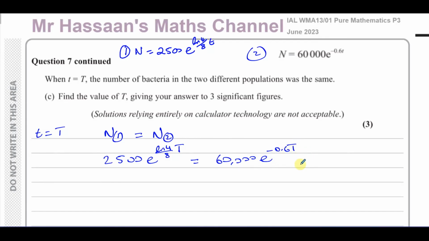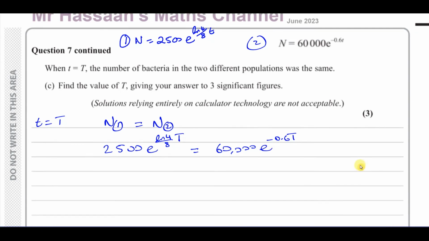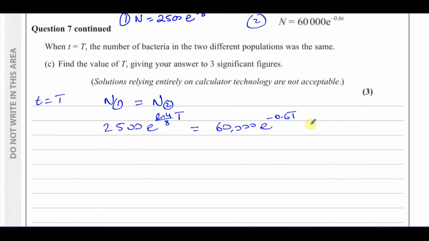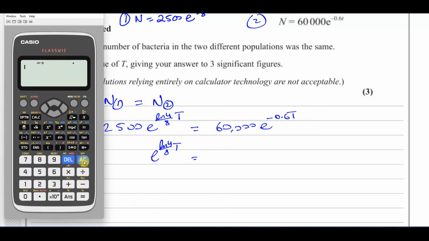And what we can do here is divide both sides by 2,500. In which case this will be e to the power of (ln 4 over 8) times T equals, and here you're going to have 60,000 divided by 2,500, which gives you 24.